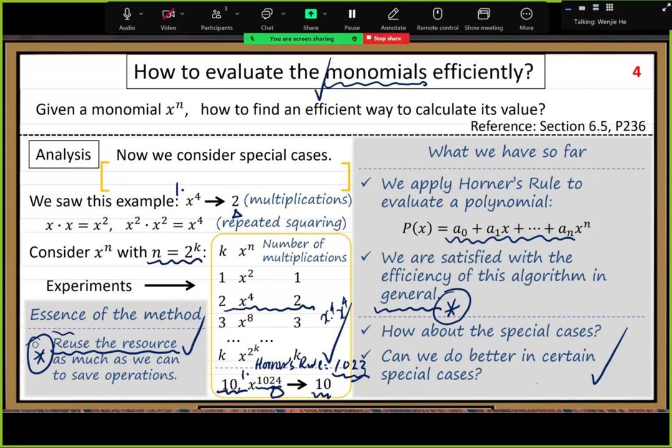Here I also mention another related question. I posted our quiz number 1. Most of you noticed that. In quiz 1, there is one question you need to connect to repeated squaring here.